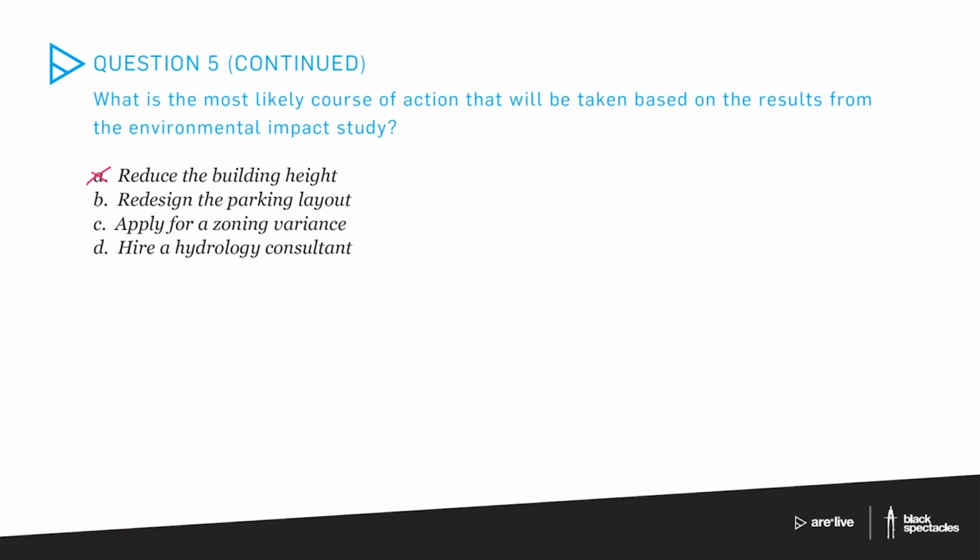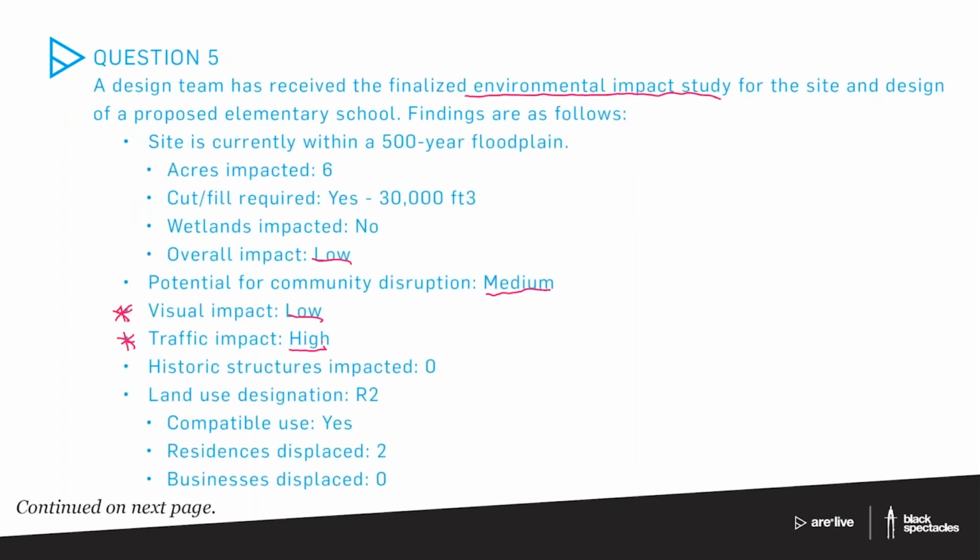So going through the information again provided here, nothing at the top jumps out as affecting the zoning of the site. The only thing really is down at the bottom here, land use designation R2, and it talks about the project being a compatible use with zoning.